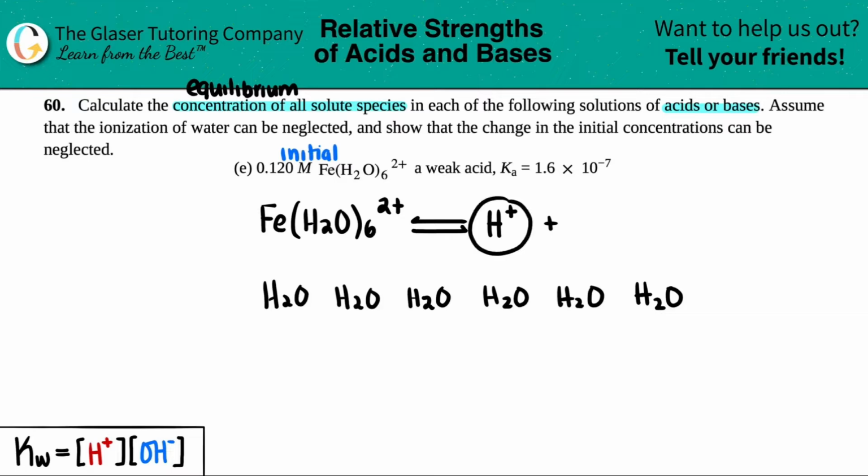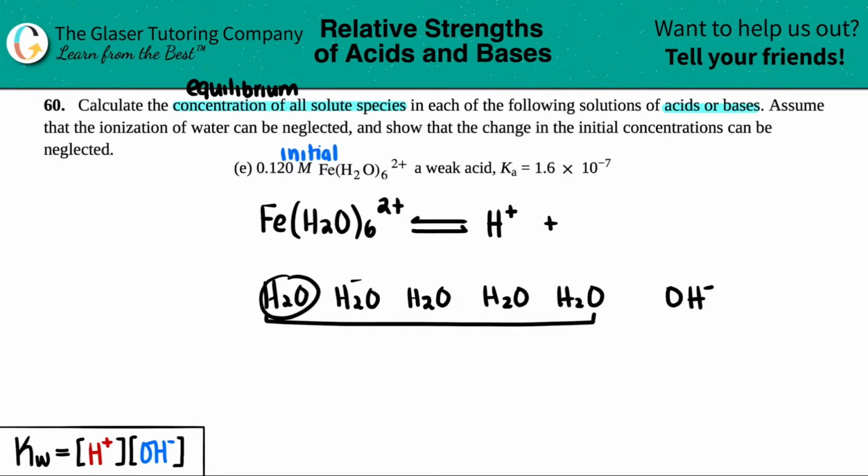Remember, you're just losing one hydrogen out of these 6 H2Os. So maybe I'll talk about the last one. When you lose a hydrogen, this just becomes HO, but we don't write it like that. We write it as OH, right? OH minus is hydroxide. So how many H2Os do you have left? You have 5 left. 1, 2, 3, 4, 5.